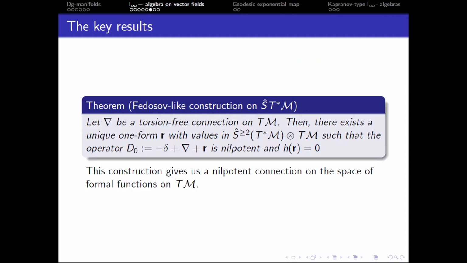But we have been thinking about some future work, so maybe we can consider the case in which we have a Hamiltonian dg-manifold. And then maybe we can apply these procedures, and we have this question about what type of structure we can define on the space of vector fields associated to this Hamiltonian dg-manifold.